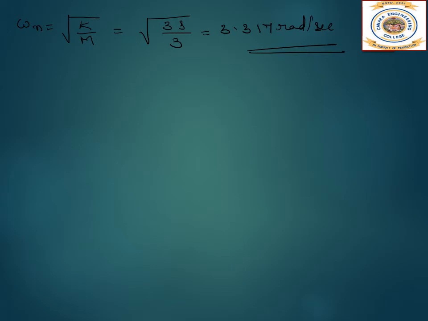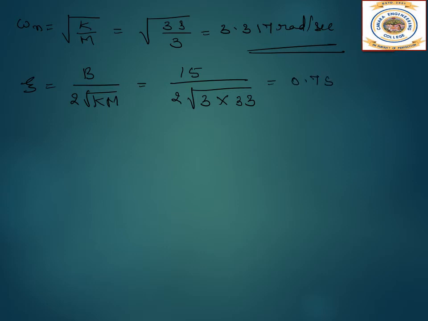And here zeta is equal to b by 2 root k into m. So b is 15 divided by 2 root of 3 into 33, where m value is 3 and k value is 33. So this we get as 0.754. Zeta is 0.754.